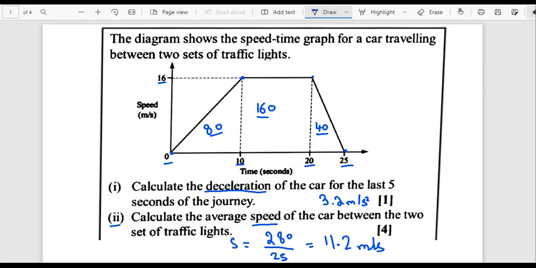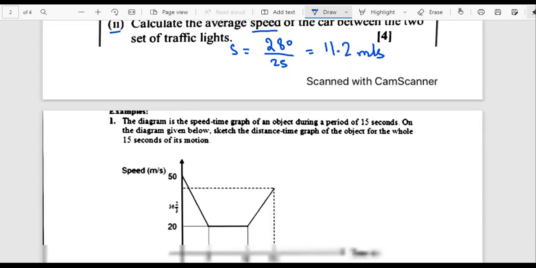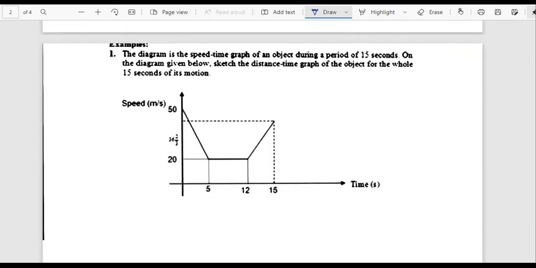Let's talk about the next one. Okay, so it says the diagram is the speed time graph of an object during a period of 15 seconds. On the diagram given below, sketch the distance time graph of the object for the whole 15 seconds of its motion.